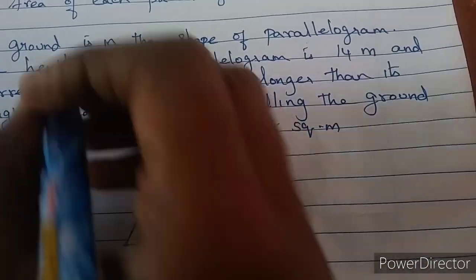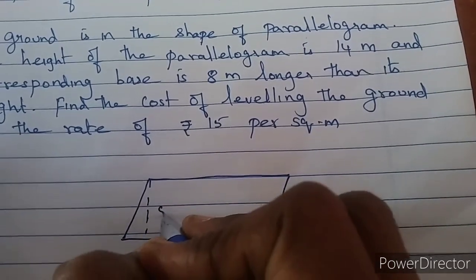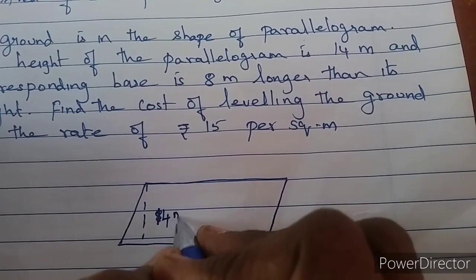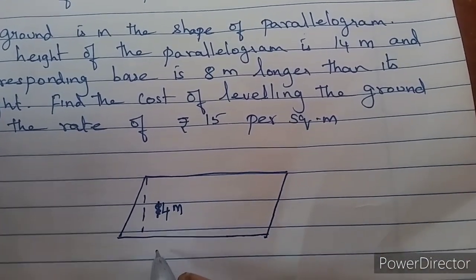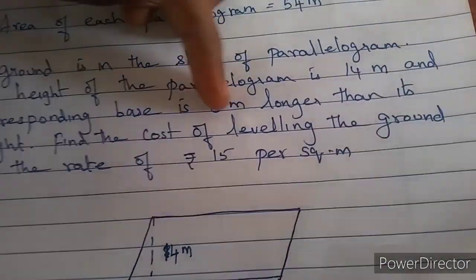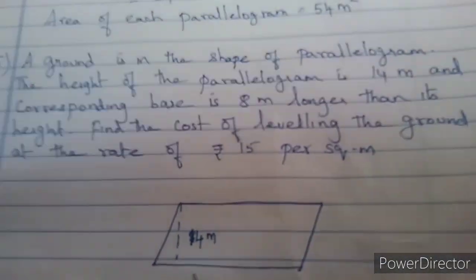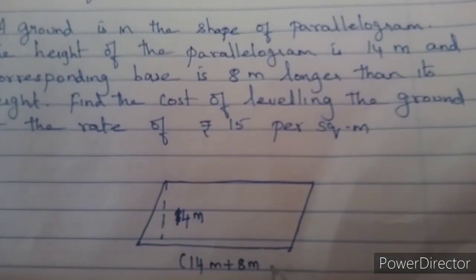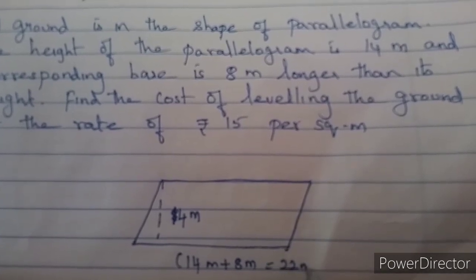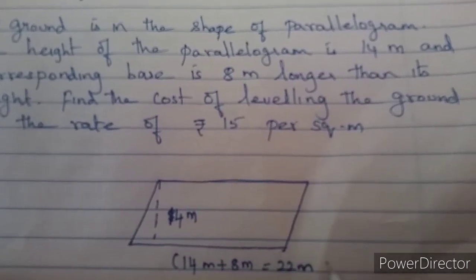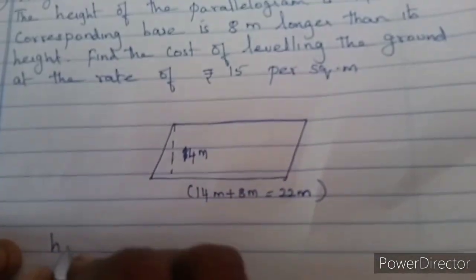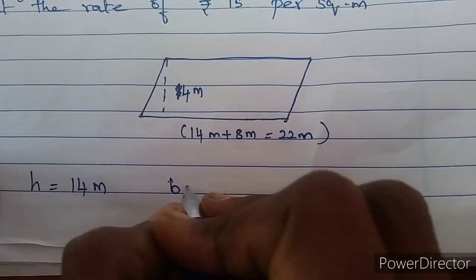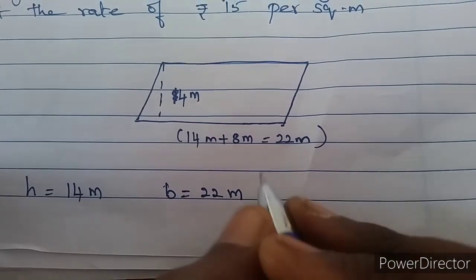Here the height is given as 14 meter and the base is 8 meter longer than its height. So 14 meter plus 8 meter is 22 meter. So here your height is 14 meter and the base is 22 meter.